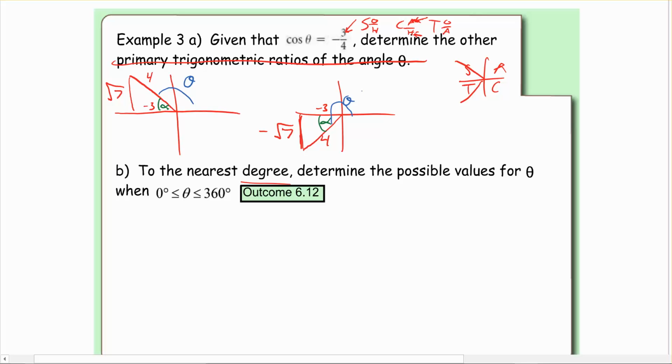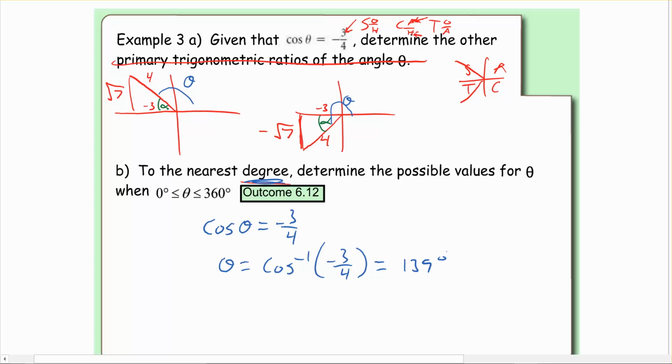Okay. So if we want to figure out the degree here, we just have to actually set it up. So cosine, the original ratio was negative 3 over 4. So if I want theta, I'm going to go theta is equal to cos inverse of negative 3 over 4, which is equal to 139 degrees.